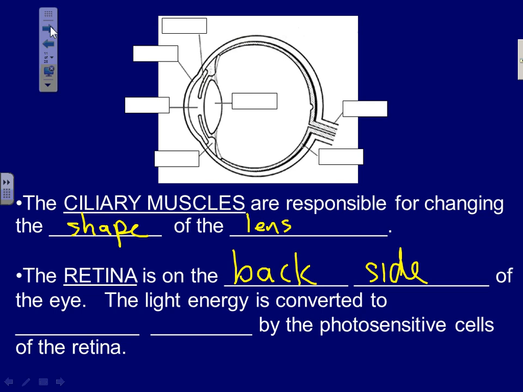Electric signals, nerve signals. I would have taken electric because nerve signals are electrical. Nerve signals by the photosensitive cells. Photosensitive just means they're sensitive to light.